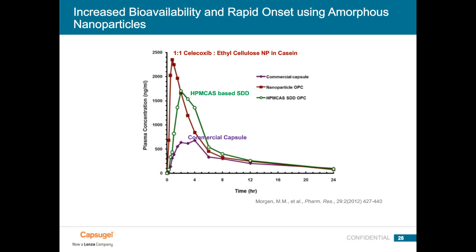This provides an interesting platform by which you can modify the solubility of the drug that's achieved by changing the ratio of celecoxib to ethyl cellulose, which changes the solubility that's reached in the intestinal media while keeping almost instantaneous dissolution rate. You can see here the effect of that is that the onset, or Tmax, is much shorter for the red curve, the nanoparticle formulation, than it is for the SDD shown in green. But overall AUC doesn't change too much.